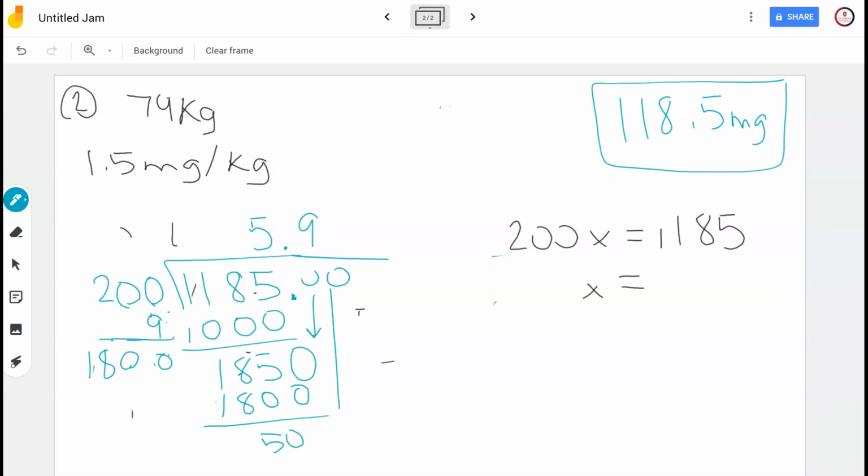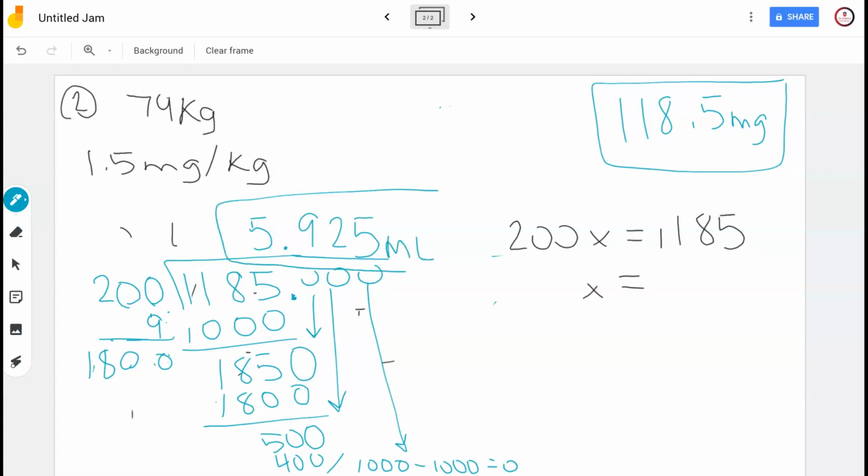And add another 0, bring it down. 200 goes into 500 twice. Add another 0. 200 goes into 1,000 5 times. So you are going to draw up 5.925 milliliters.